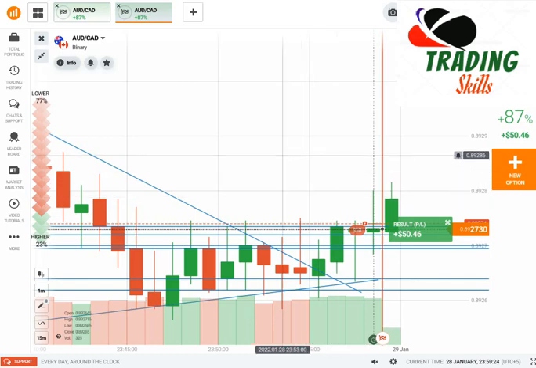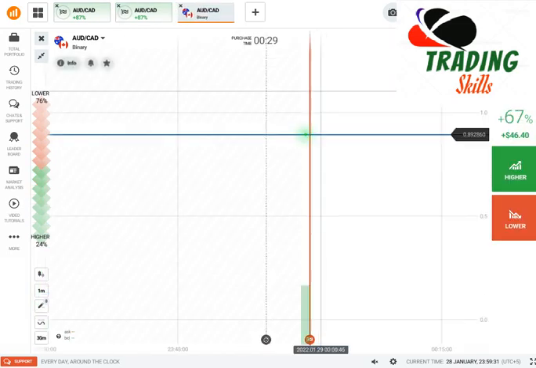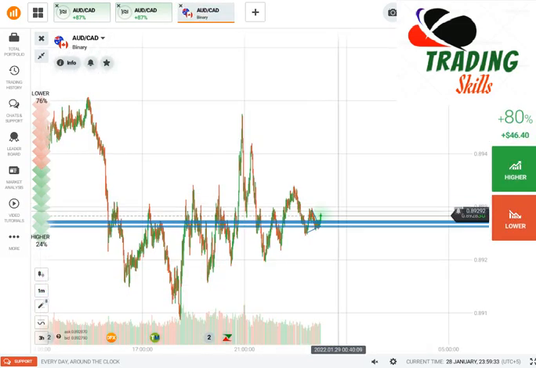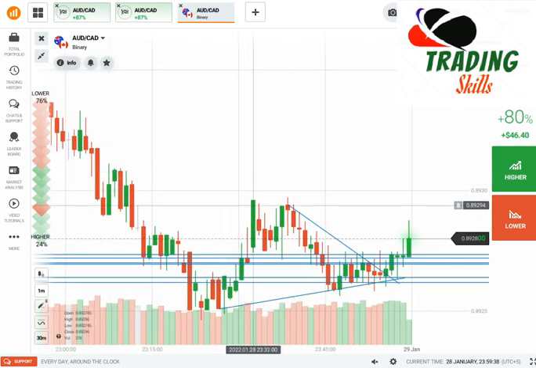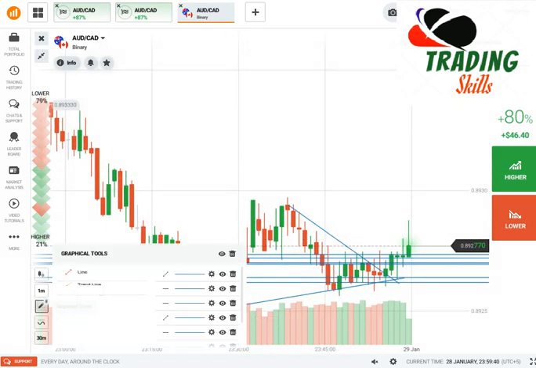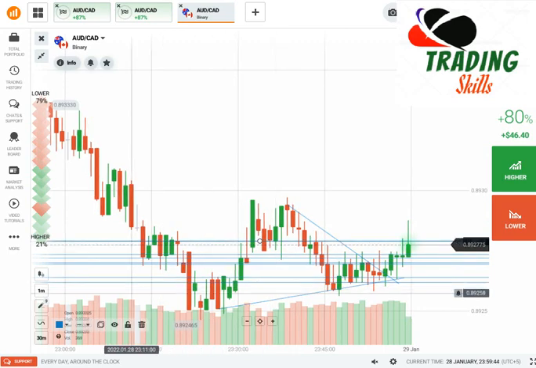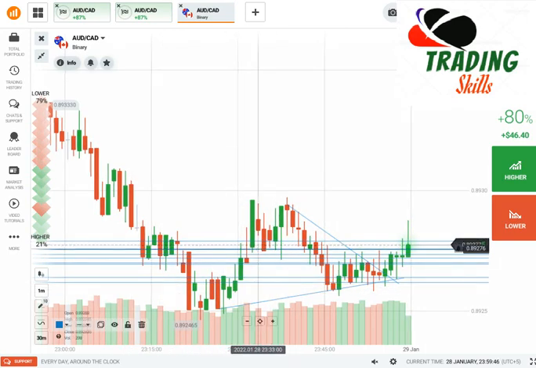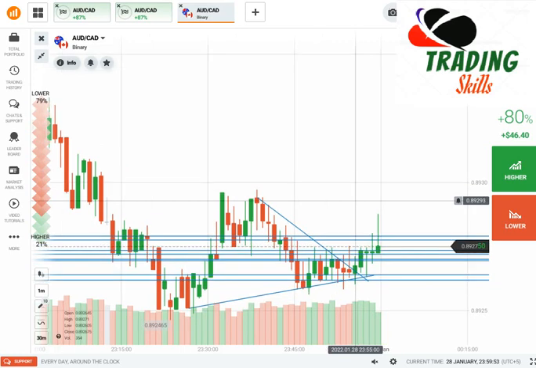Now you can see here, let me show you here the situation. So luckily I won that trade, but I need to analyze it more. Now you can see here, this is the support and resistance. Okay, so this is a very strong level, so you can consider this one.